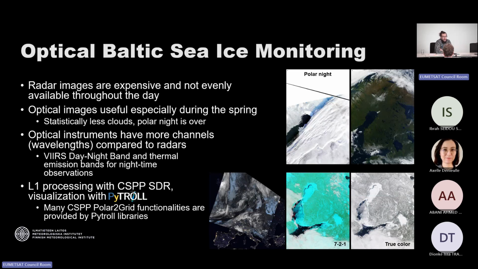And also the optical instruments have so many more channels and wavelengths compared to the radars. And then, of course, VIIRS day-night band and thermal emissions band for the nighttime observation. So it's a very good add-on. And the optical processing is done with the CSPP and the visualization with PyTroll.